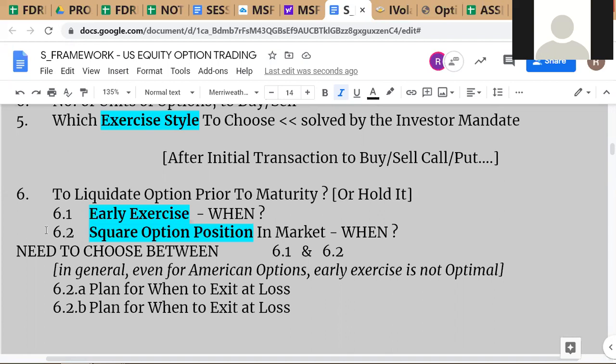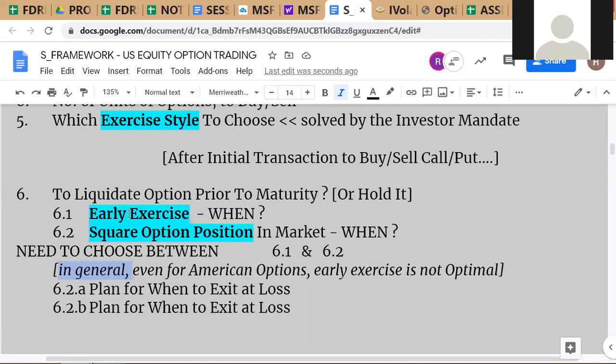If it was always true that 6.2 is the right choice, then I would not put in this expression. I would straight away write this. But why am I not writing this? Because I want to hedge myself. I want to protect myself, because there are certain situations where it may make sense to do early exercise. They're not very common, but they do exist.